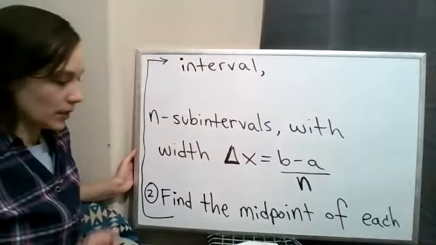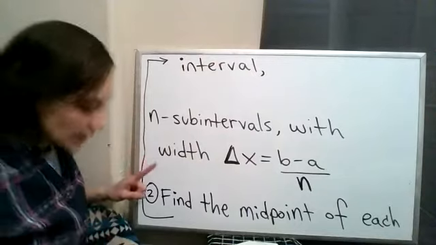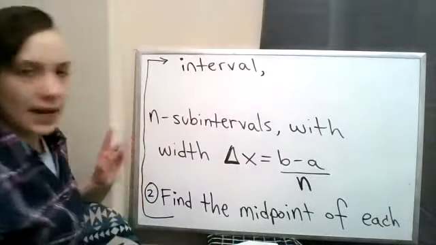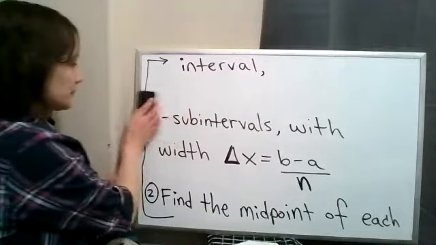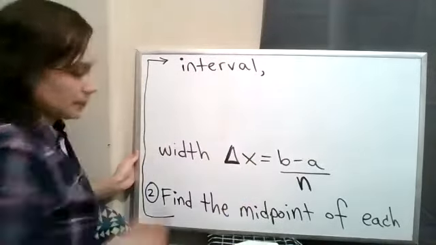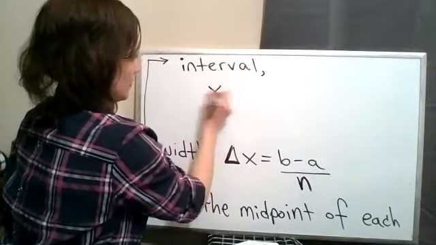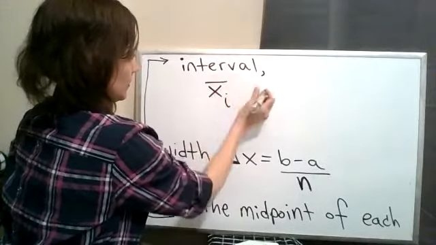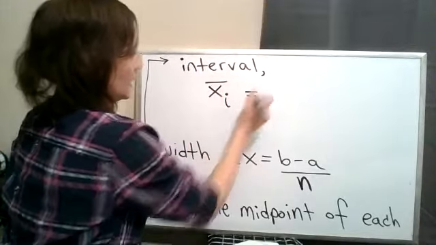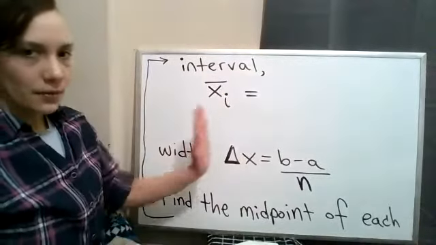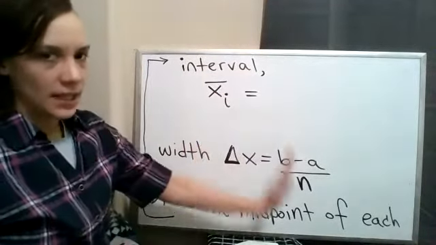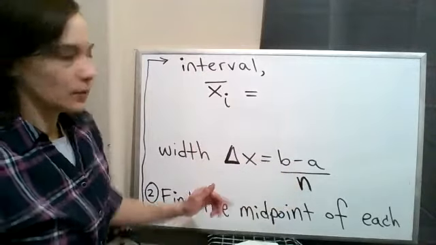And I'm going to write down what that value is. It's called x sub i bar. And you take the beginning of the interval, add it to the end of the interval, and then divide by 2.